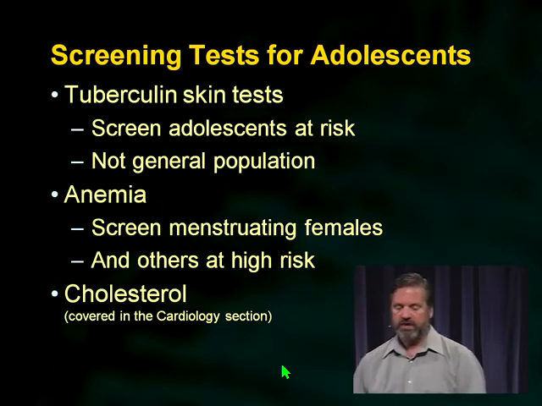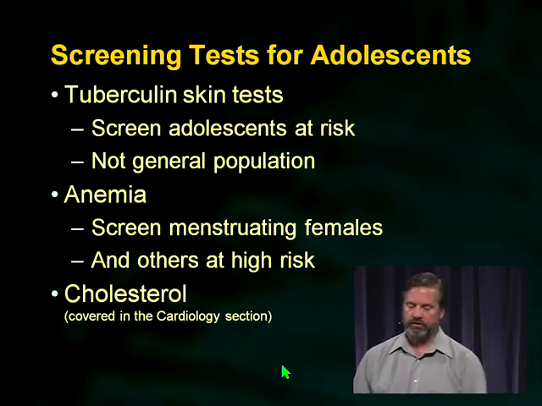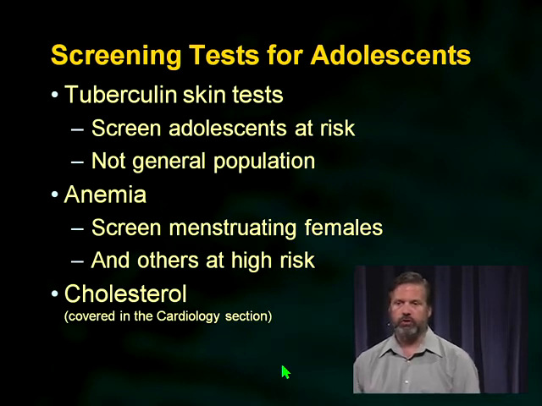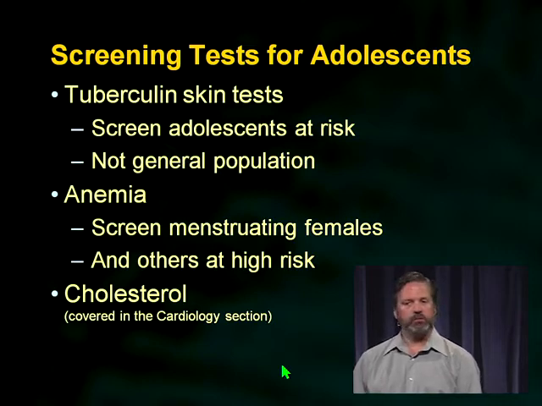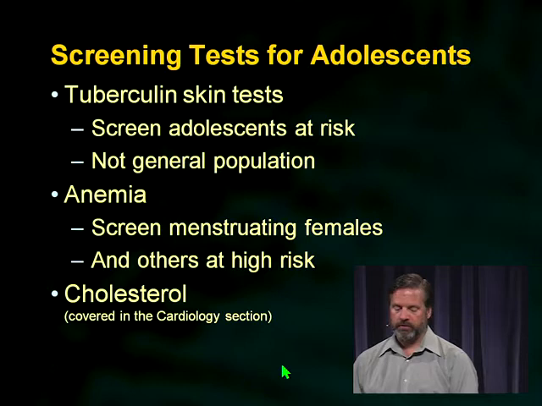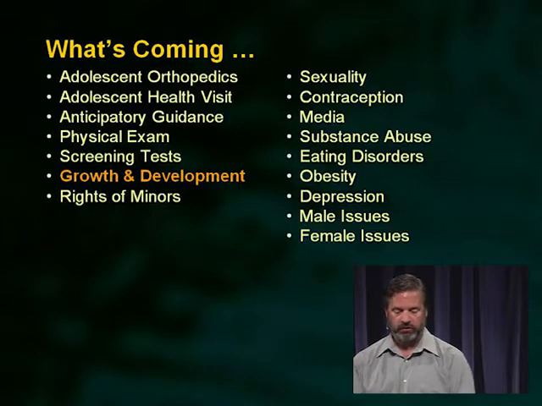So for TB, we only screen adolescents at risk, not the general population. So who's at risk? People who are incarcerated, people who are living in homeless shelters, and that kind of thing. You need to be aware of the risk factors for tuberculosis so that you can invoke screening when it should be. Anemia is screening just the menstruating females and others who might be at high risk. And cholesterol is targeted screening, and that will be discussed in the cardiology section.